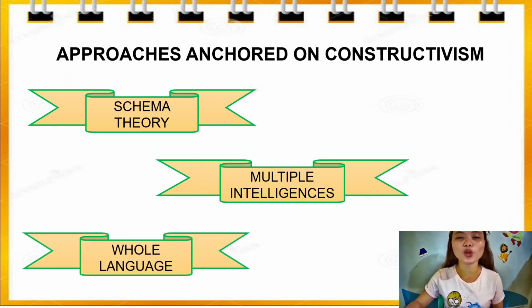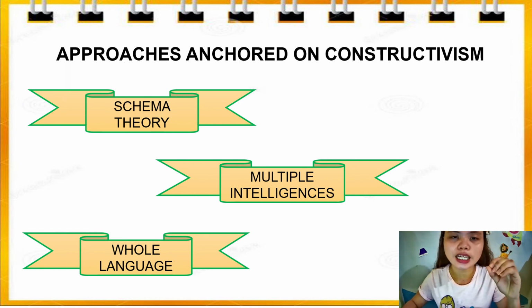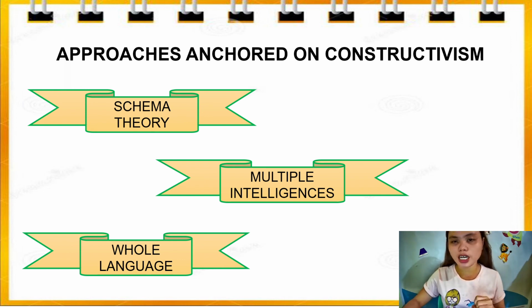Next is the whole language approach. So words must be recognized by children as a whole. Language should not be broken down into letters and combinations of letters and decoded. Whole language is an approach towards learning that sees language as a whole entity. And writing, speaking, reading, and listening should be integrated when learned.